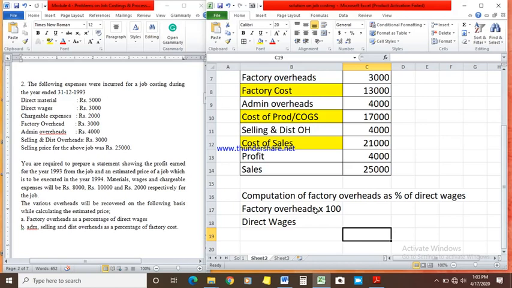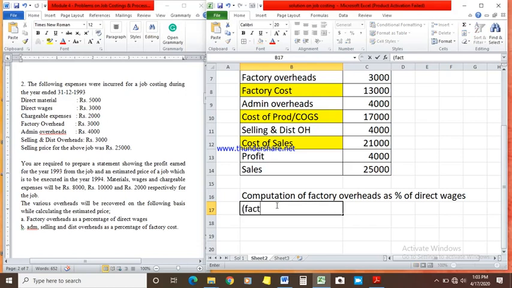So factory overhead divided by direct wages into 100, if we do, we get a percentage value. So here I'll write it in the form of the calculation. In case this is not clear, why it is written up and down, to make it better, I'll remove this. I'll say factory overheads divided by direct wages into 100.